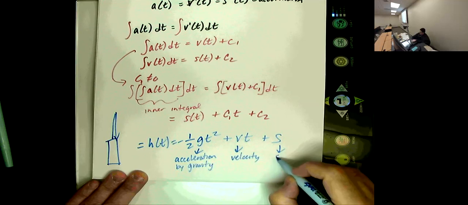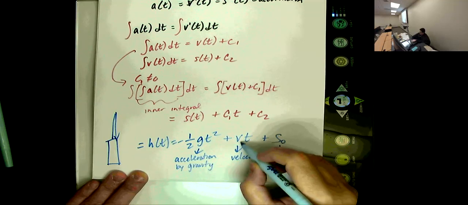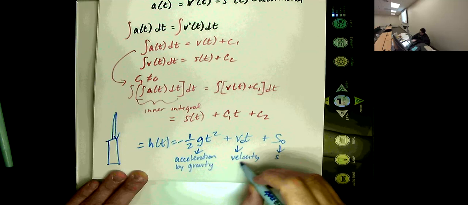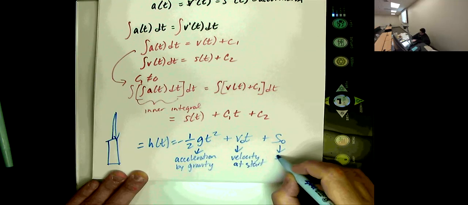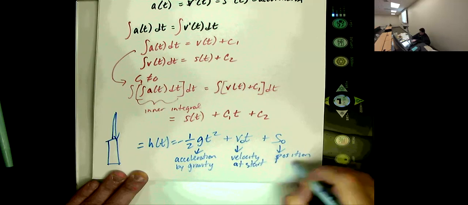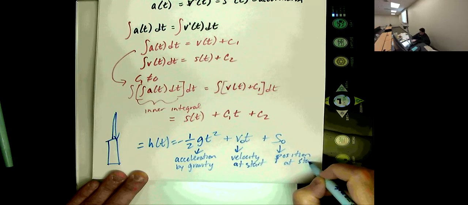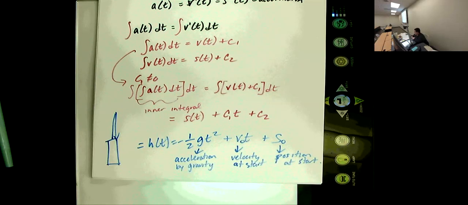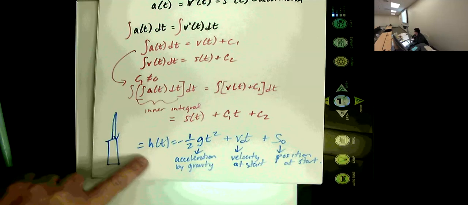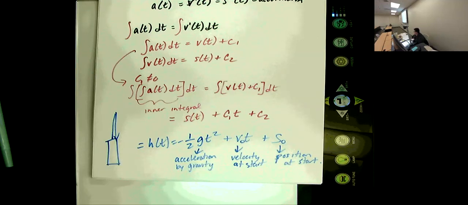And S is, well, maybe I should put S naught and V naught: velocity at start and position at start. That's why whenever you see height functions, there is always a t squared with some negative number.